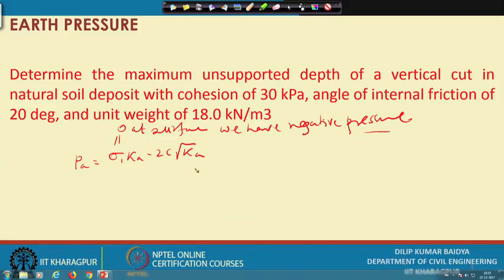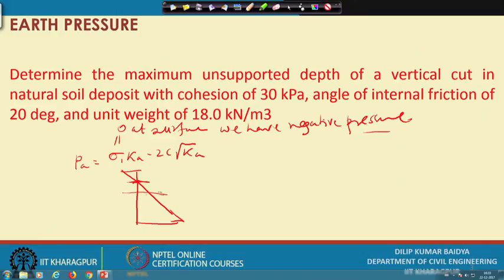Your pressure diagram generally comes like this, which I have discussed during the theory part. You can see this much is negative, and at some depth it becomes zero pressure.